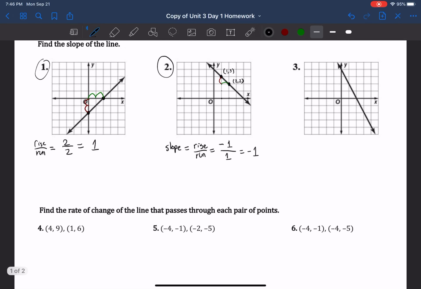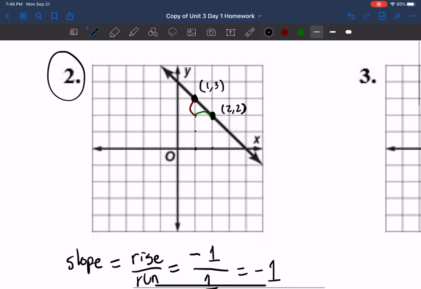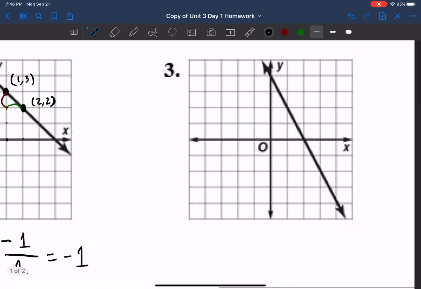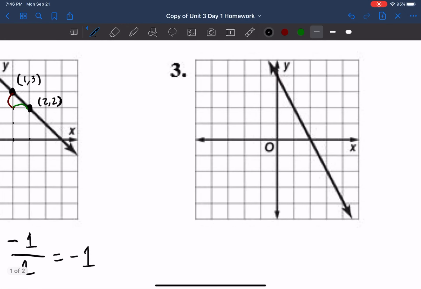So you notice when we were doing rise over run, if I'm looking at the rise between this point and this point, then the rise is just the change in y. So how much does it change in height along the y-axis? So rise is just the change in y, and run is the change in x.